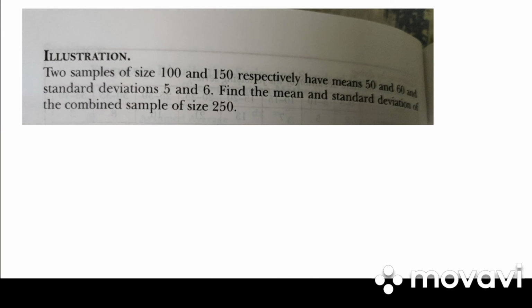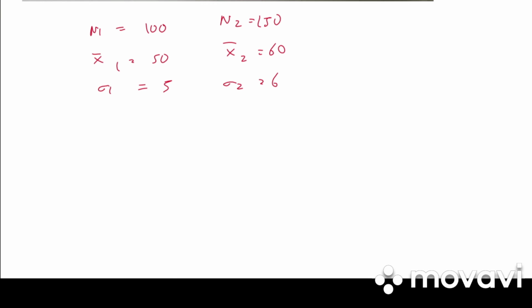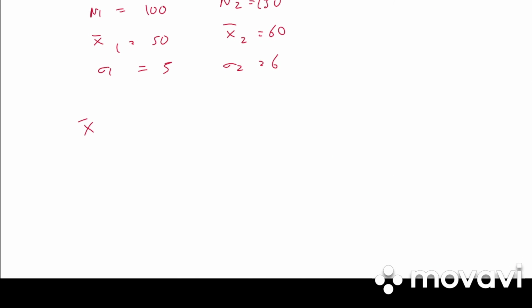Two samples of size 100 and 150. So they have given us n1 100, n2 150. They have means, x bar 1 50, x bar 2 60, and standard deviations sigma 1 5, sigma 2 6. Find the mean and standard deviation of the combined sample of size 250. So first we need to find the combined mean. How to find the combined mean? It is x bar 1 2, n1 x bar 1 plus n2 x bar 2 divided by n1 plus n2.